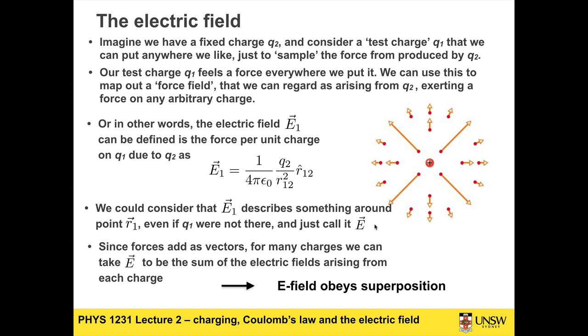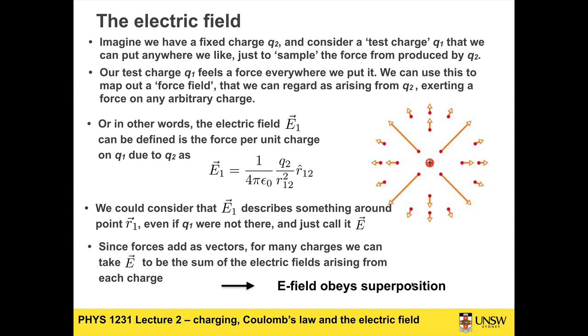And since, as we discussed already, forces add as vectors, from any charge we could take this E field to be the sum of electric fields from each charge. In other words, like forces, the electric field obeys superposition. And why is this useful? Well, in many cases we'll have distributions of charges, and we'll want to know what the force is at some point.